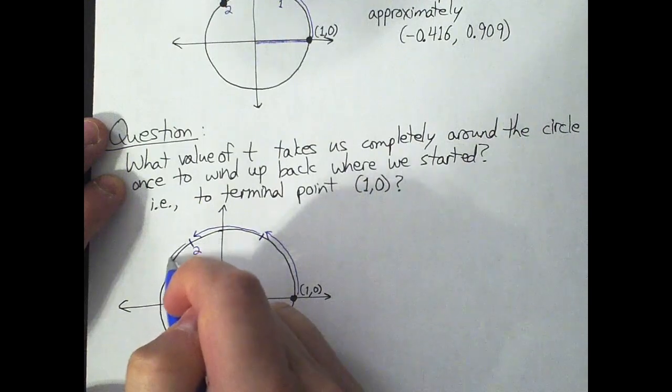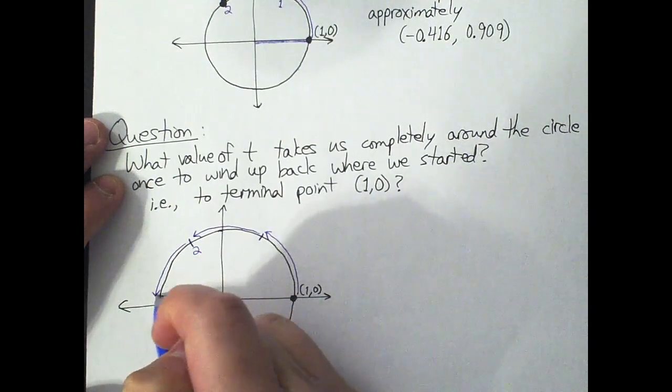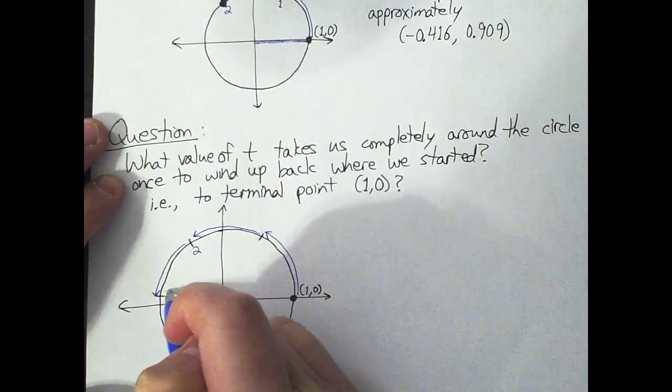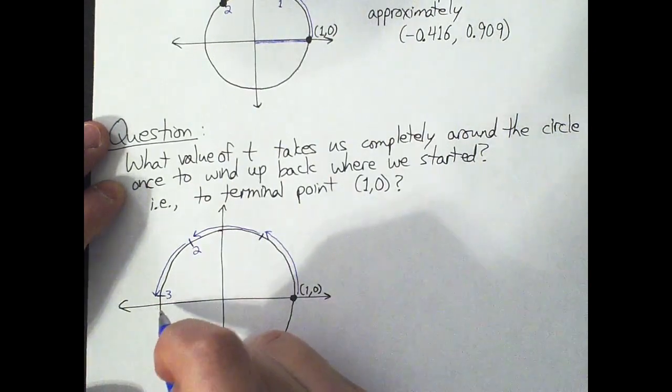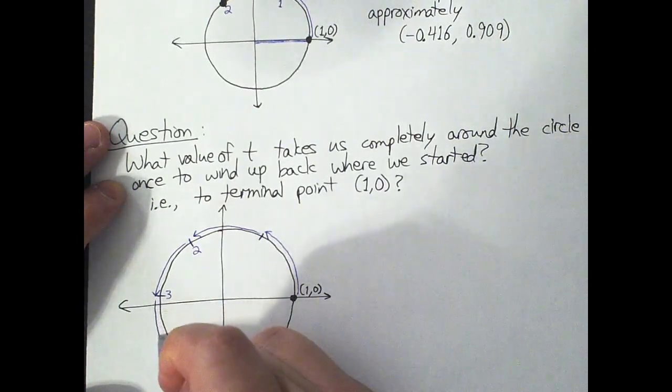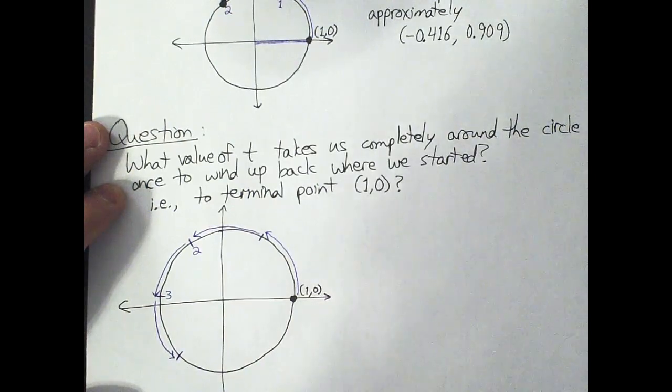If we go again, let's say this takes us almost to touch the x-axis, but not quite. And then 1 more. We still have not gotten back to the start yet, so 4 is not enough.